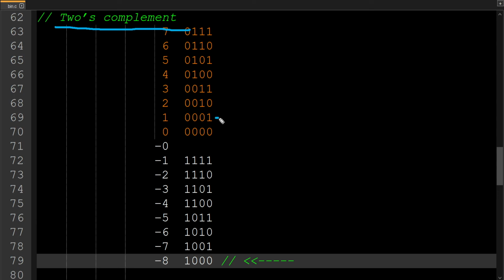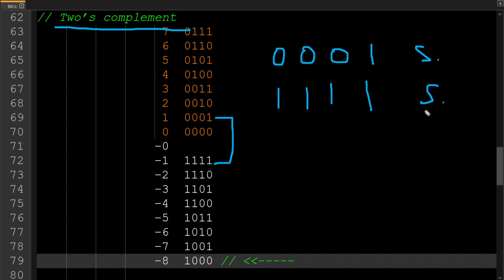Let's take 1 and -1 and add them. So we take 1, and this is a signed number. We look at this as a signed number, and we take -1, which is basically all ones. It's also a signed number, and if it's a signed number, what does it mean?